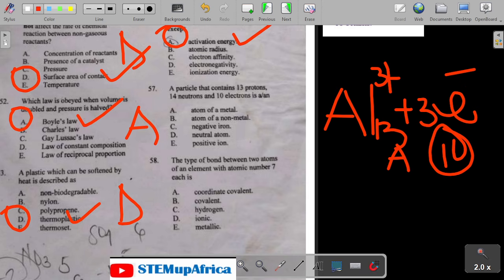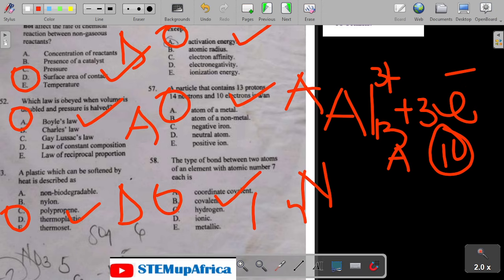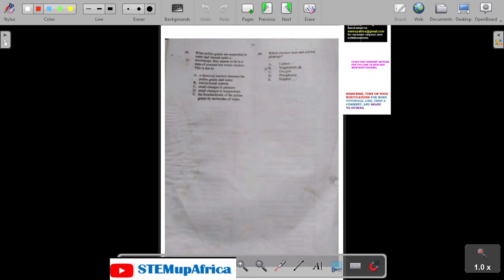It's a positive ion, it's a metal, which is A. So the type of bond between 2 atoms of the same element with atomic number 7, this is what? That is nitrogen. There are 2 non-metals, so that is a covalent bond, which is B.